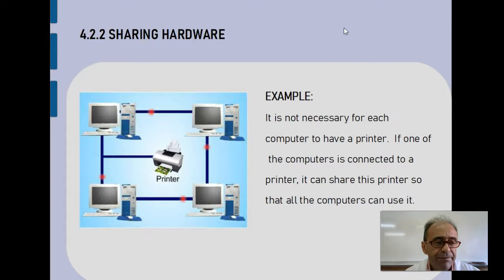An example of sharing hardware in a network: in the school here, we have more than one computer connected through a network, and they share one piece of hardware that could be the printer. So it is not necessary for the printer to be installed in each one of the computers. We install the printer in one computer, and all the rest of the computers can make use of it.